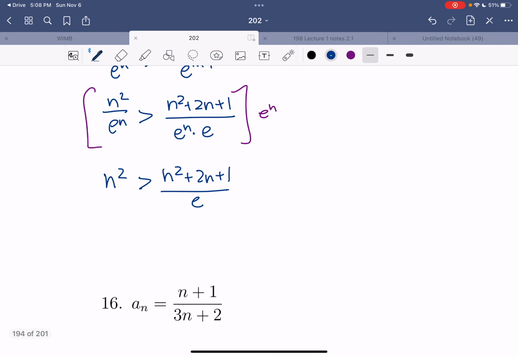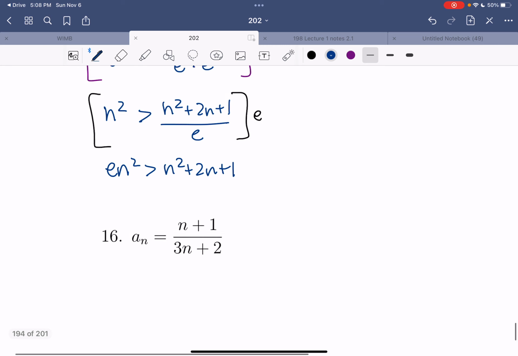Then what we want to do is multiply both sides by e to get out of this e situation. So we're multiplying both sides by e, and that's going to give you e n squared is greater than n squared plus 2n plus 1. Now, let's see, what do we want to do?